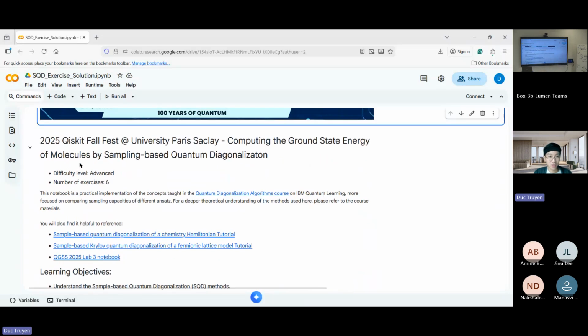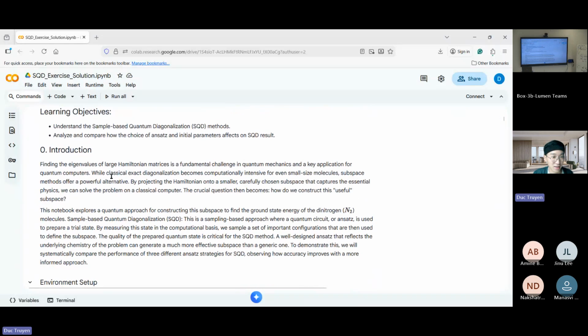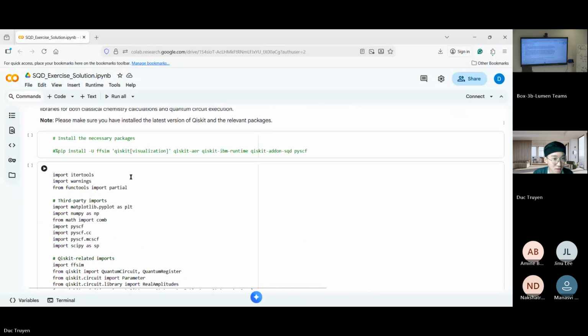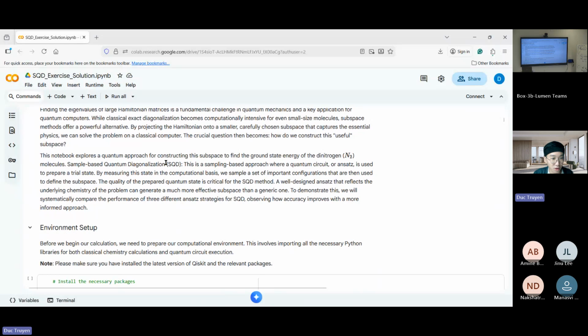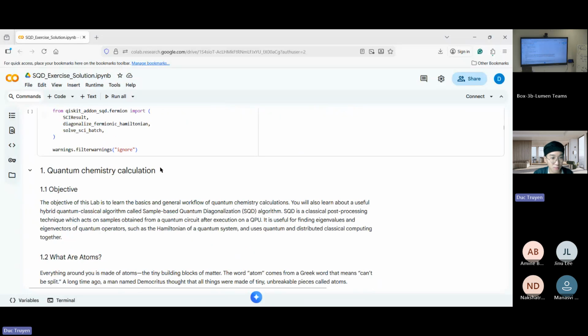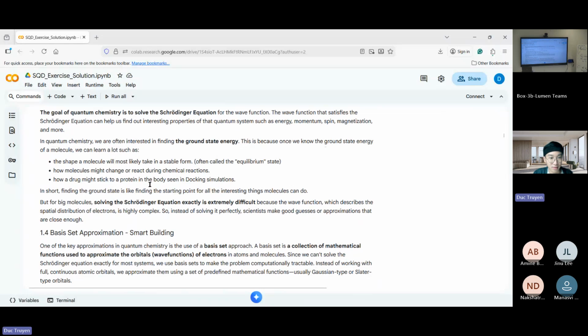So this notebook is quite advanced, level 6. This field is about quantum chemistry, and it gives you a bird's eye view of quantum chemistry.